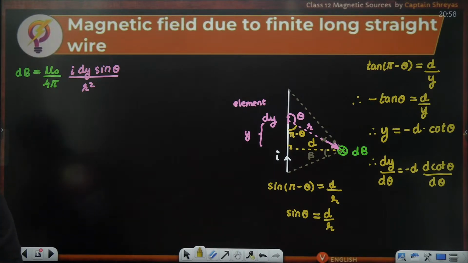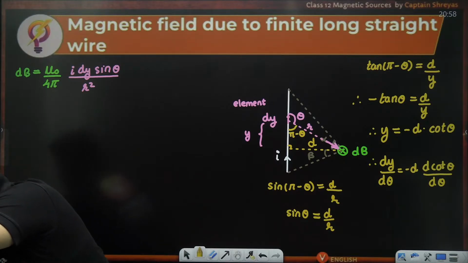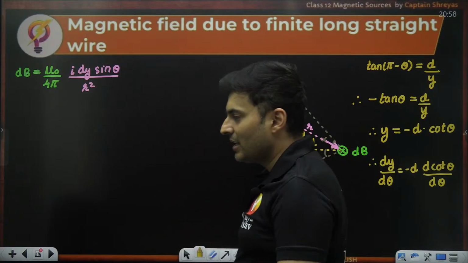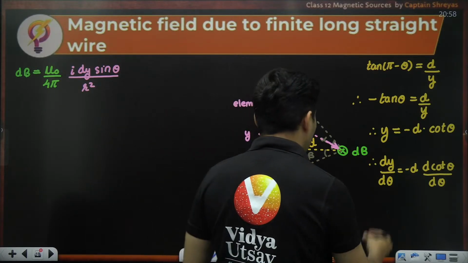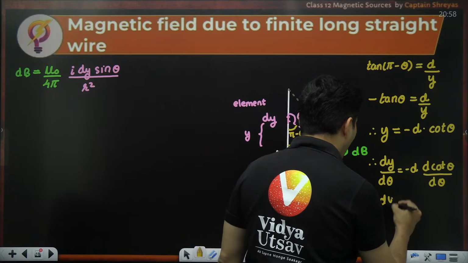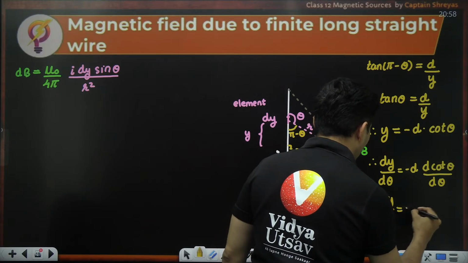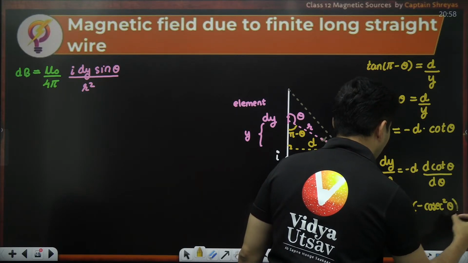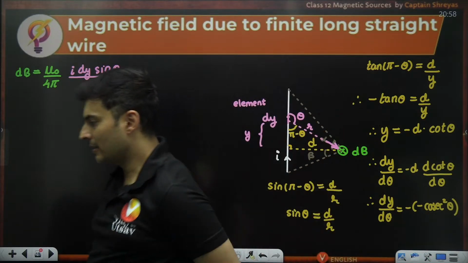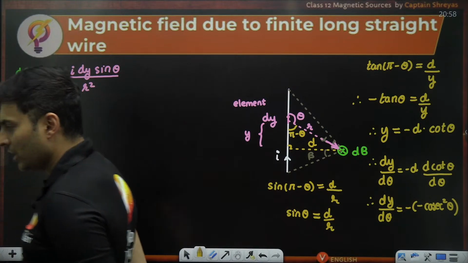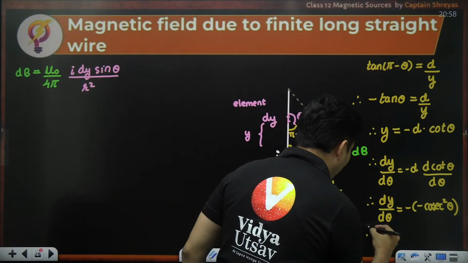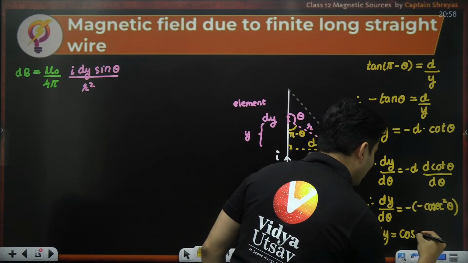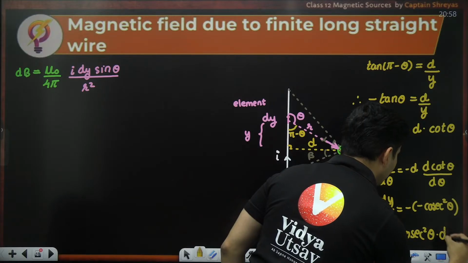Yes, it is cosec square theta with a negative sign. So dy by d theta will be minus of cosec square theta. I hope this is clear. Minus minus cancels. What do I get my dy as? It will become cosec square theta d theta.